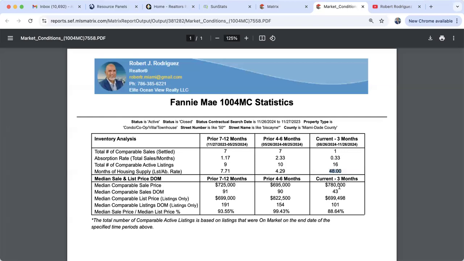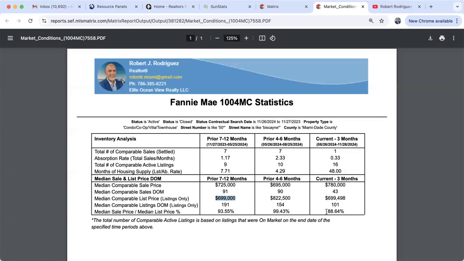Now the list prices definitely look like from 822 down to 699. Now 699 is the same as 699 at the beginning of the year. So in reality, they just took a nosedive from the summer months, but it's been pretty much stable.